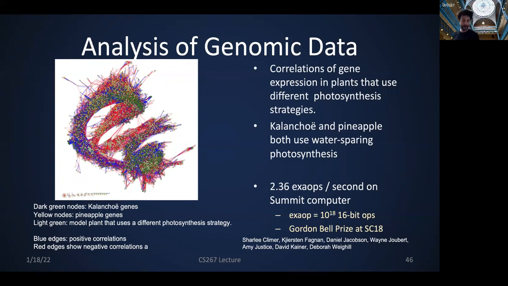And they basically brute force looked at all three-way combinations, I think. And they were able to use reduced precision arithmetic on the GPUs on Summit and achieved over 2 exaops per second on the Summit computer. Again, thanks to using lower precision, they were able to break the exascale barrier, because the machine is not actually capable of doing double precision exaflops.